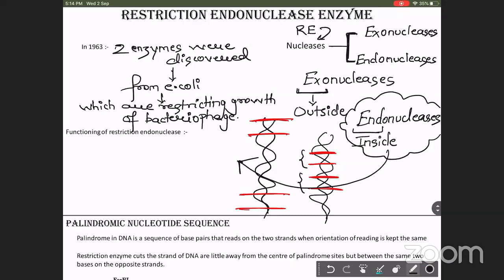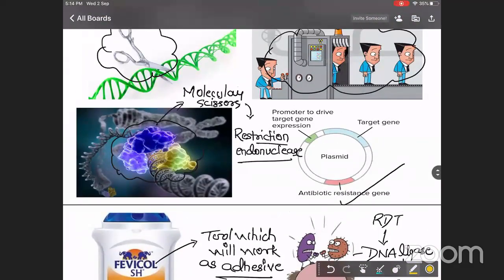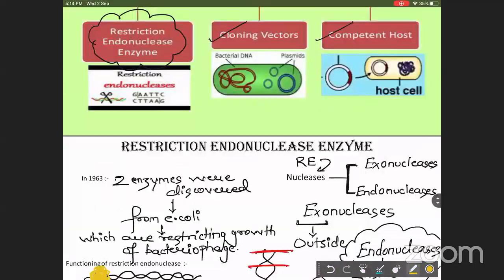So each restriction endonuclease, if this is your DNA, will start the inspection. Just assume that this yellow one is the restriction endonuclease enzyme, as I have already shown you here. So what will this restriction endonuclease do?